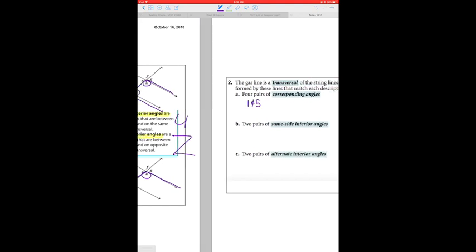No, we said 1 and 5. 1 and 5. 2 and 6. 3 and 8. And 4 and 7 are the corresponding, which form an F.